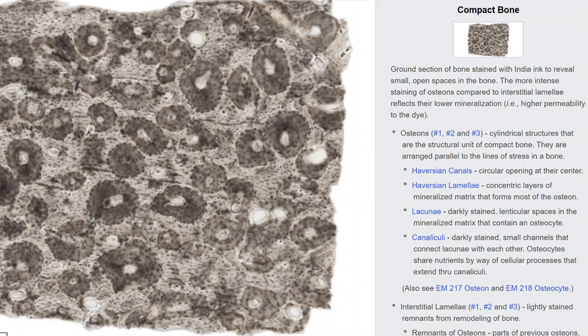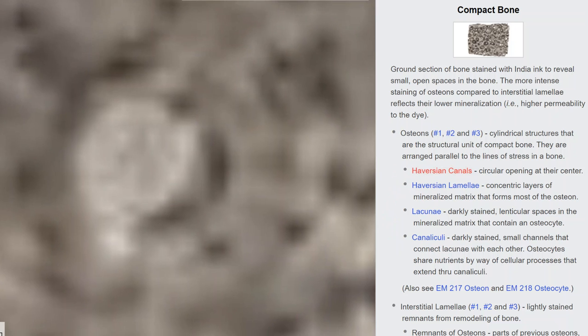So here we are at the histology guide bone slide, which we've seen before. I want to draw your attention to the vocabulary here. They will define things for you, and you can click on every one of those blue links and it'll take you right to the structure in the slide. So let's clear that off and take a peek. Let's click on Haversian canal.